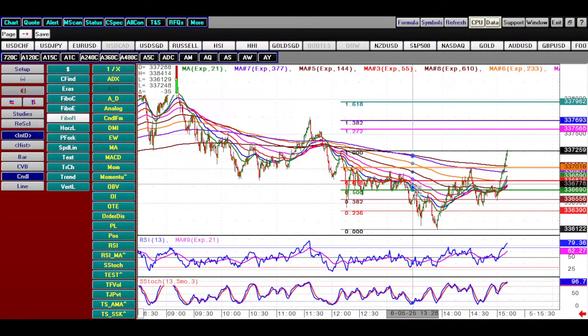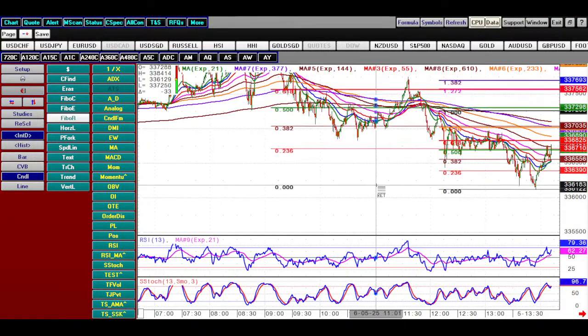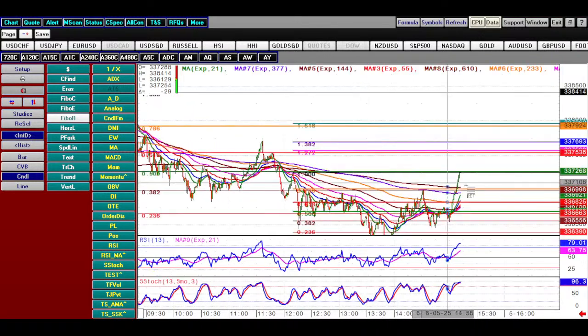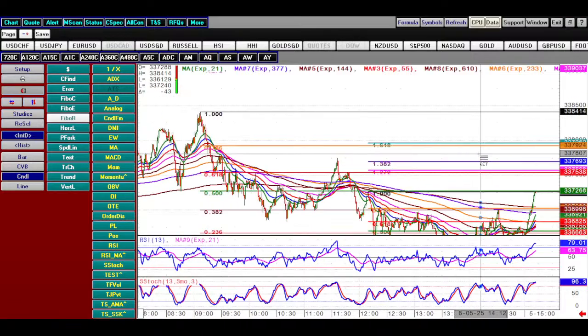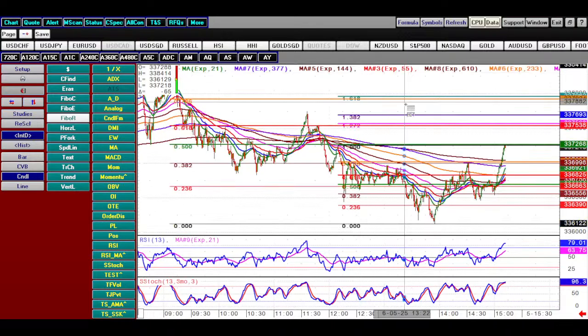We'll try to sell near 76, 77. Then we can put a stop above 85.